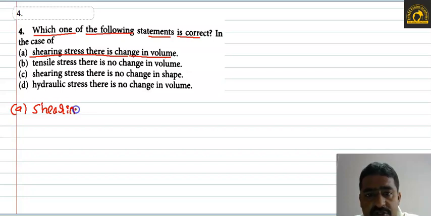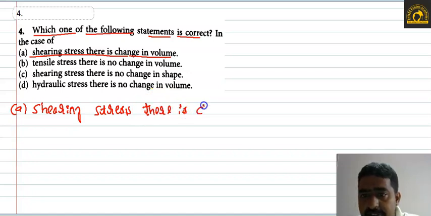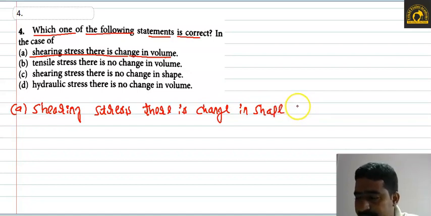In shearing stress, there is a change in the shape without change in the volume.